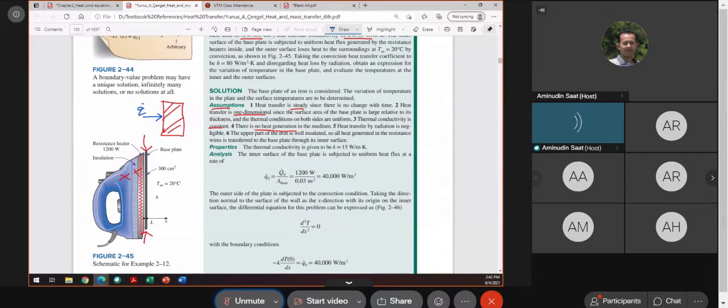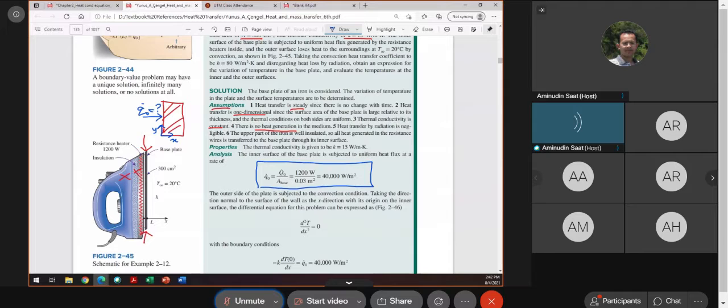Let's say you are considering this as the xy, so the heat flux here is Q0. So Q0, what is the Q0? Q0 is this one.